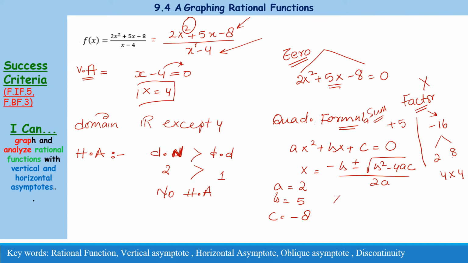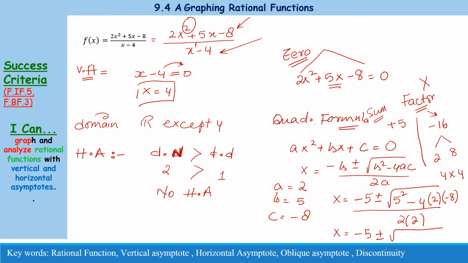Okay, now x equals negative b, which is negative 5, plus or minus square root of b squared, that means 5 squared, which will give us 25, minus 4 times a is 2 and c is negative 8, over 2 times a is 2. So if we solve here, you will get negative 5, positive and negative.